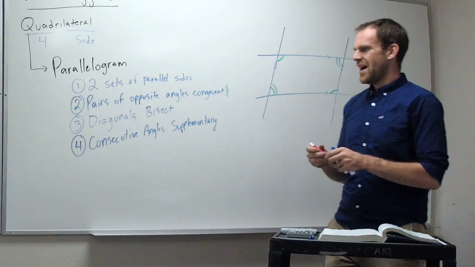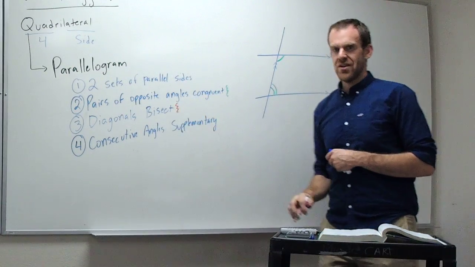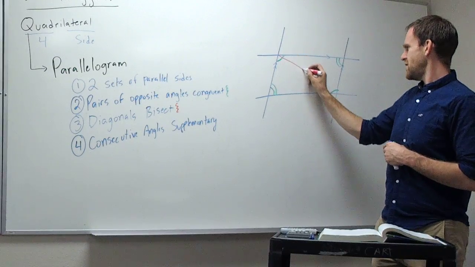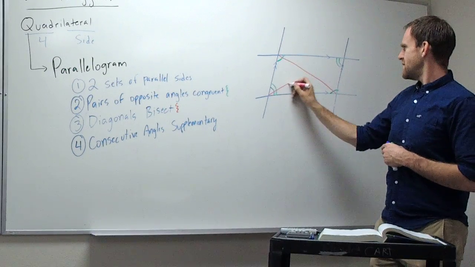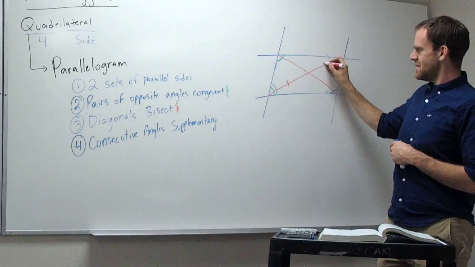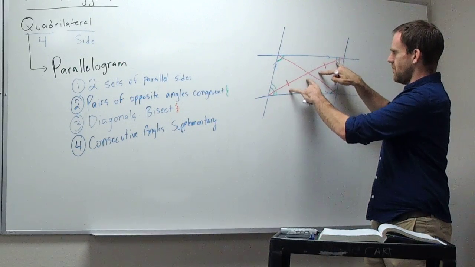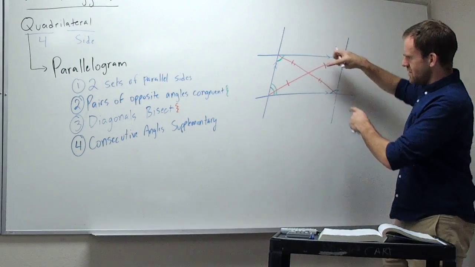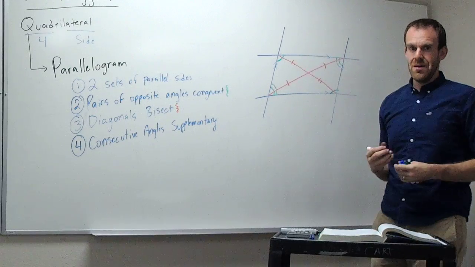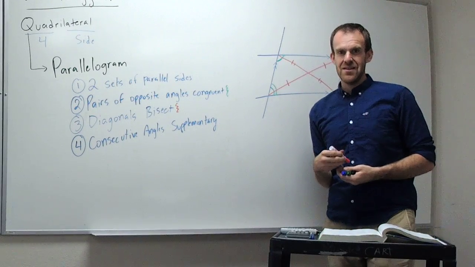Next, I said that diagonals bisect each other. That means if I take from this point to this point, and this point to this point, these two distances are the same. And these two distances are the same. They're perfectly bisected.